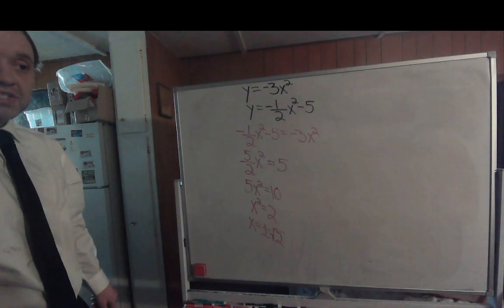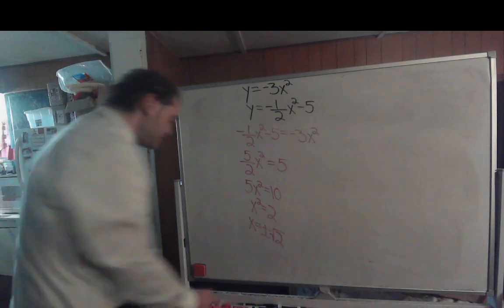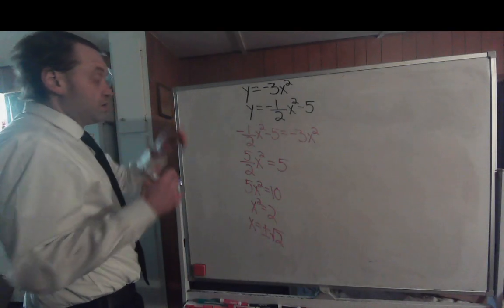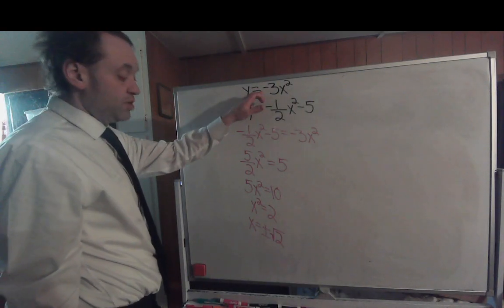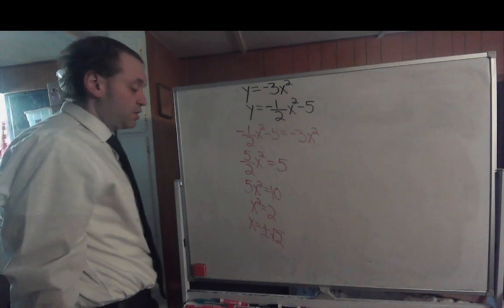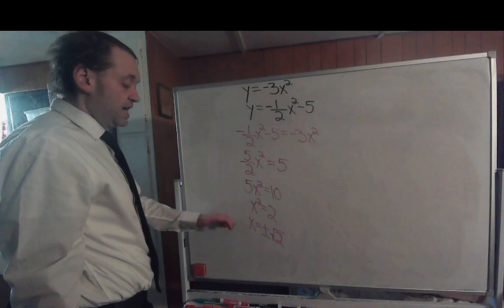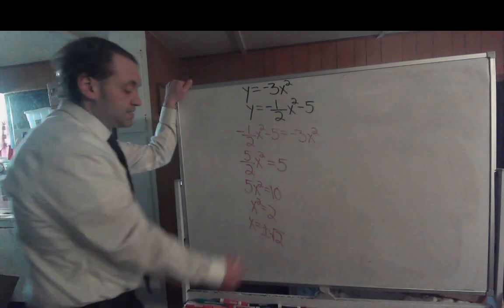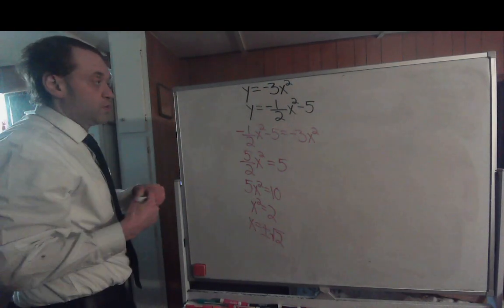Well, we might have one solution for y, but it's still going to be 2 separate coordinates, because if I take a square root, whether it's positive or negative, and put it into either one of these here, I'm going to get a positive number back, right? So now, just like with a linear system, you'll take your x value and you'll put it into one of these quadratic equations.